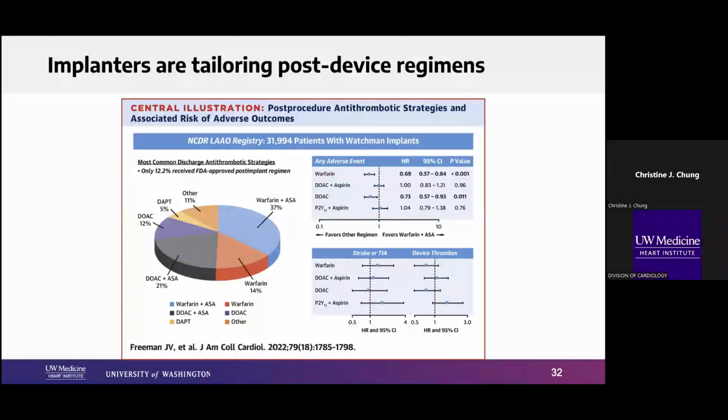Interestingly, there has really never been, in any observational study with either the first or the second generation Watchman device, any association between rates of device-related thrombosis and post-procedural antithrombotic regimen.